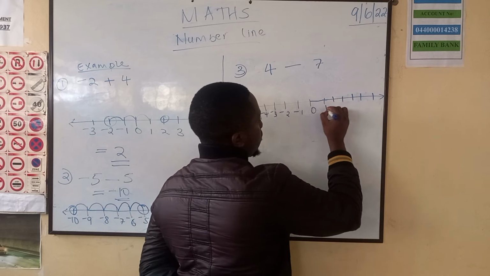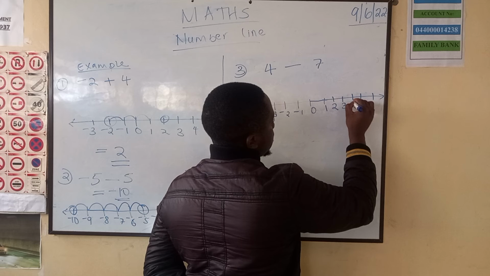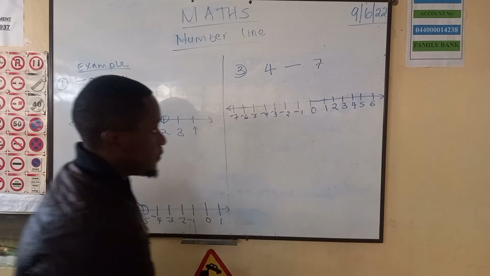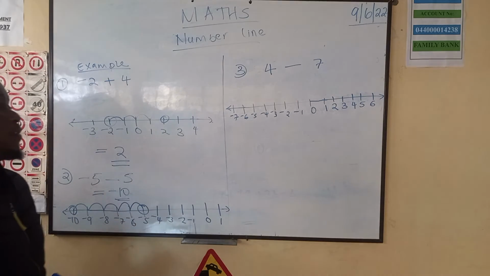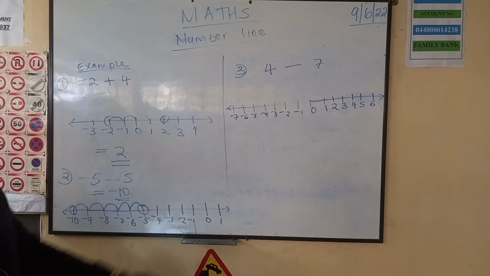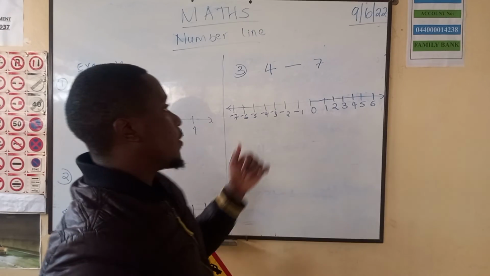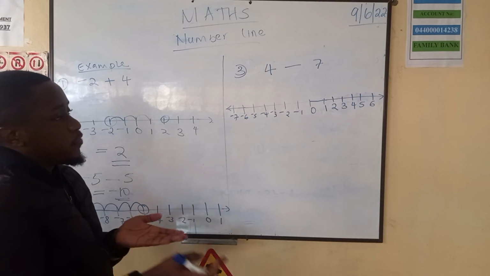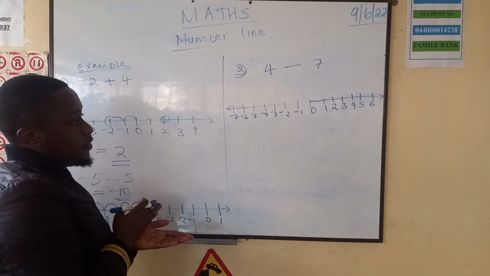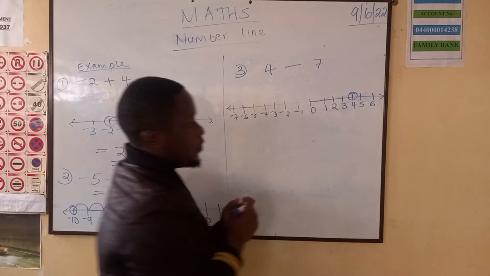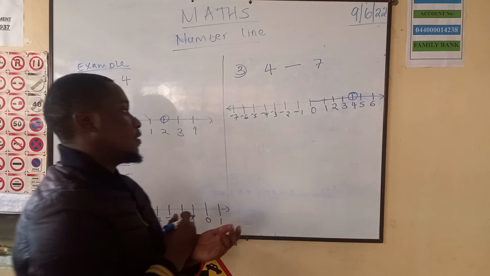On the other side we have 1, 2, 3, 4, 5, 6. So we have 4 minus 7. That means that we are removing 7. Let's mark 4 here. But we are removing 7.